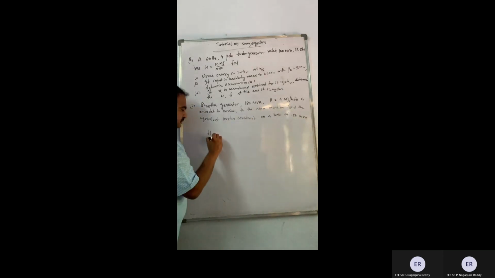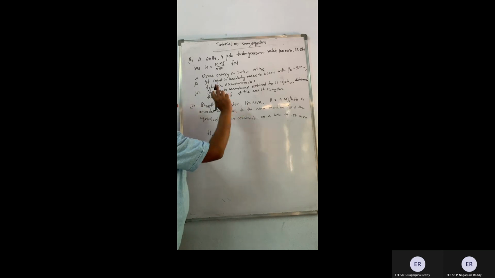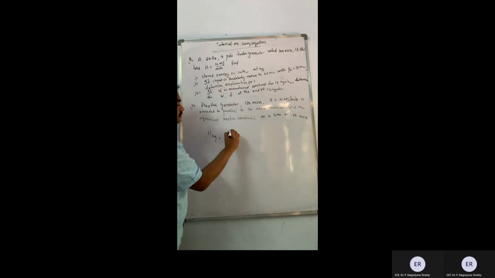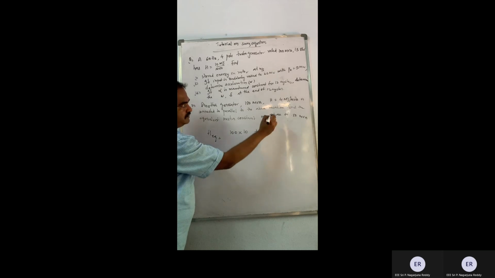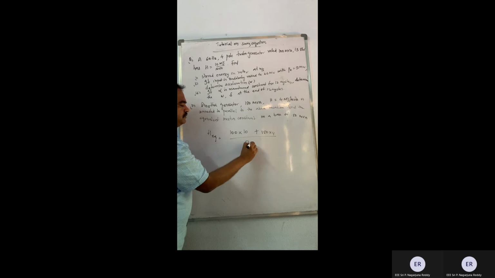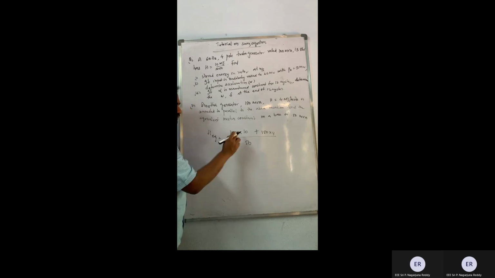I have told you the formula. G1 H1 is 100 into 10, plus this one is 150 into 4. So this is 1000 plus 600, 1600 by 50.